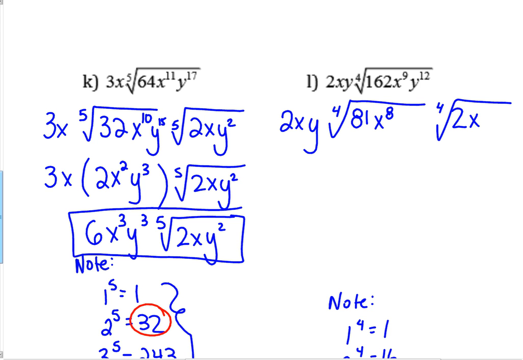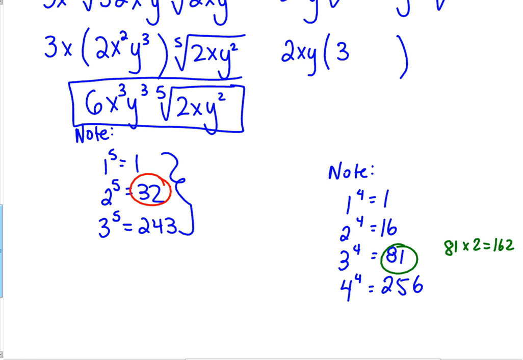How are we splitting up y to the 12? Just y to the 12. Is it a multiple of 4? Yeah, so we can 4th root that. So 2xy stays here. Let's take the 4th root of this guy. 4th root of 81 is 3, right?